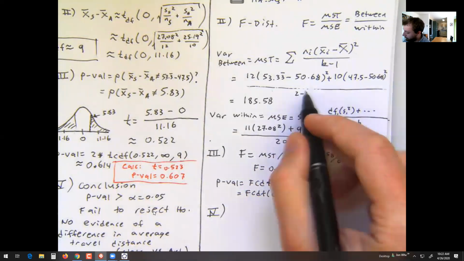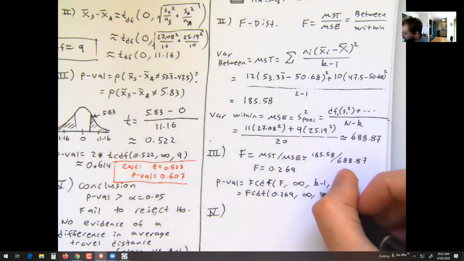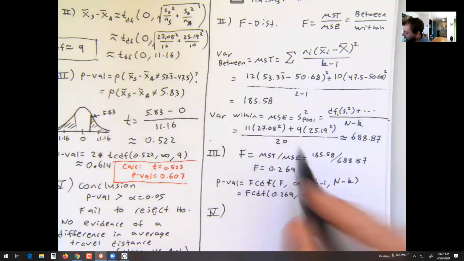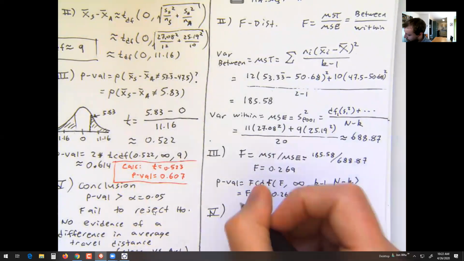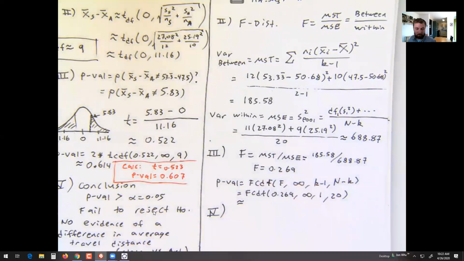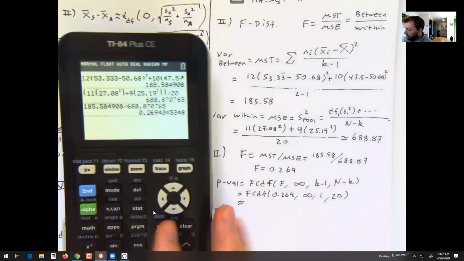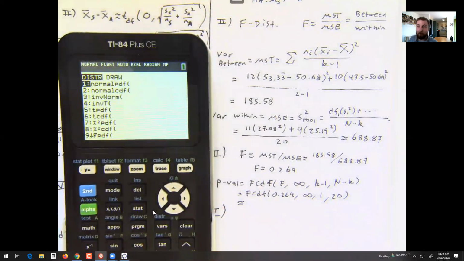My first degree of freedom was this 2 minus 1 number, which was 1. My second degree of freedom was 22 minus 2, which was 20. I'm finding this in the same spot that I found my TCDF. So 2nd Vars on an 83 or an 84. I'm in F5 in the Stats/List Editor on the TI-89 to find distributions. And in GeoGebra, I'm opening it up, going to probability, and choosing the F distribution.